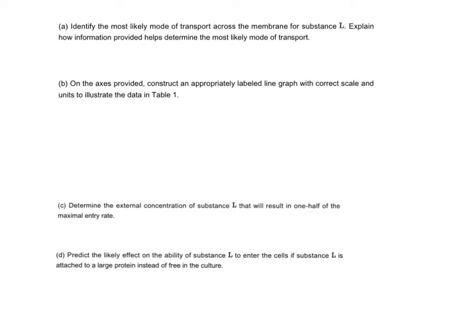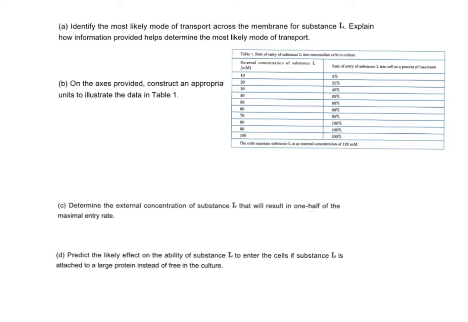So if we look at the table, which I've copied in here just for our reference, again, we know that these cells maintain an internal concentration of 120 millimolar. And they're placed in these different environments. Now, if you notice, all of the environments are going to have a lower concentration than that of inside the cell.